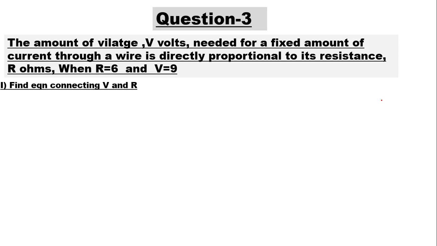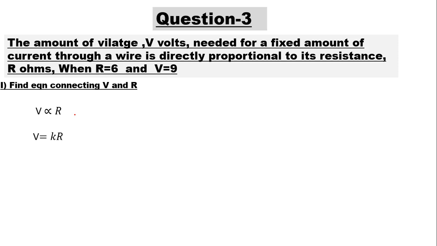Students, according to the question, the voltage V here is directly proportional to its resistance R. So we can utilize these symbols and write them mathematically, which will become V is directly proportional to R. Now replace the sign of proportionality with the sign of equality by introducing the constant.